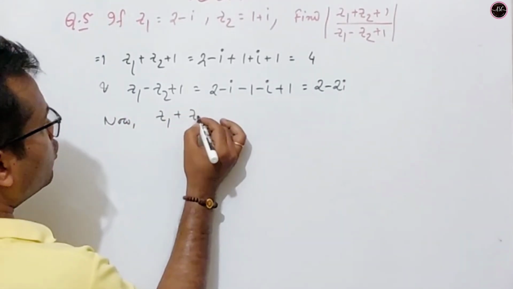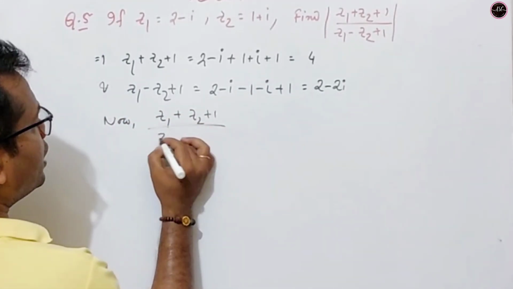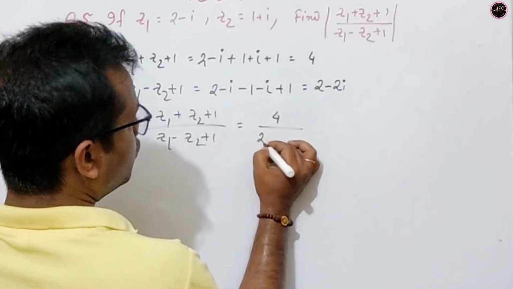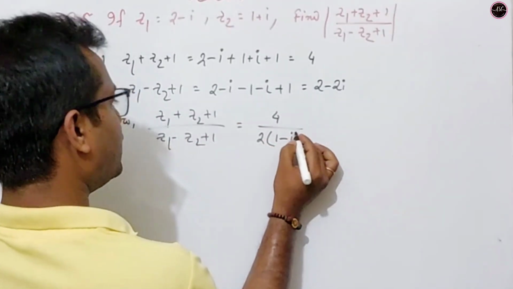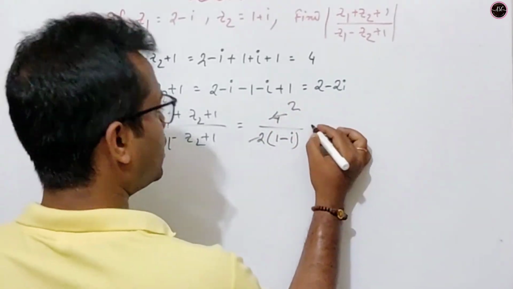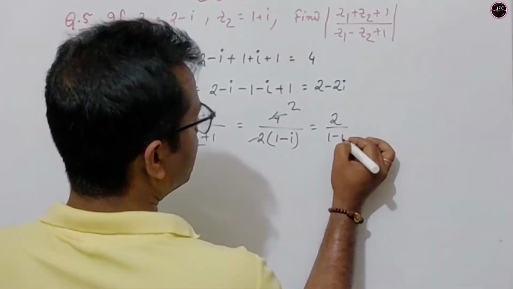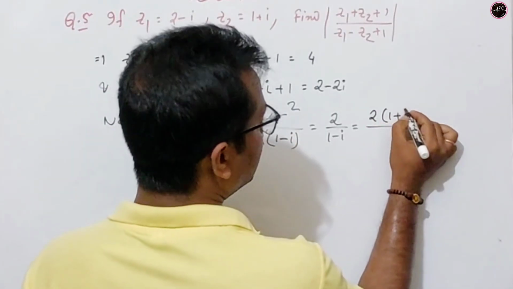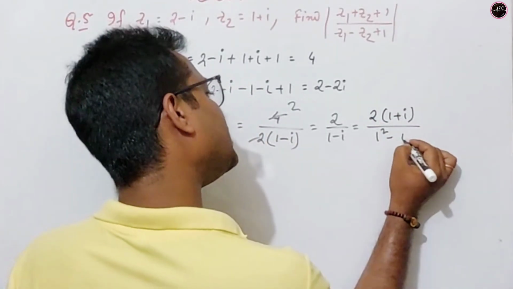Okay. Now Z1 plus Z2 plus 1 divided by Z1 minus Z2 plus 1 equal to 4 divided by 2 into 1 minus I. Just cancel this, we get 2 over 1 minus I. We get 2 into 1 plus I and here 1 square minus I square.